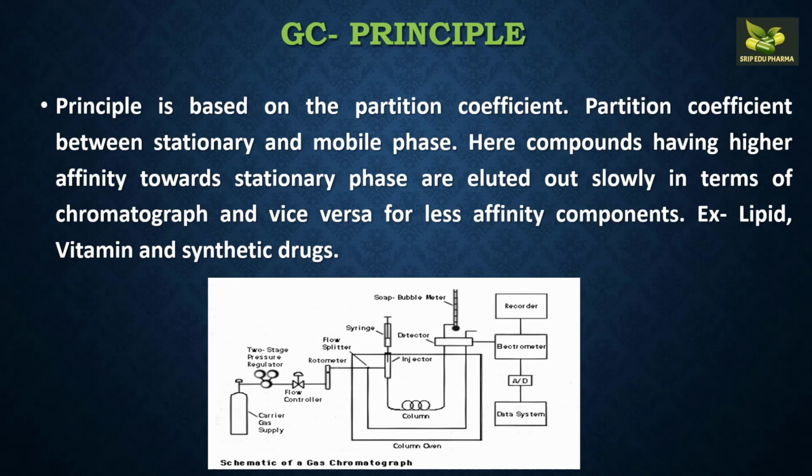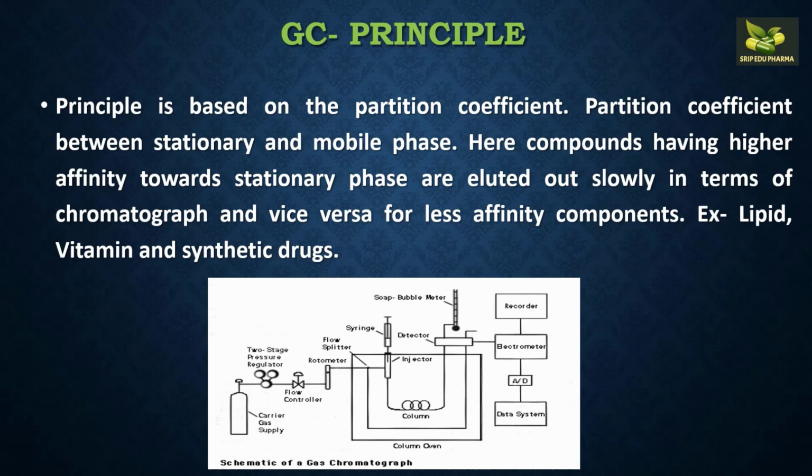Whereas those fractions that don't have that much affinity towards the stationary phase will move rapidly, quicker, along with the mobile phase and separate first. So depending upon their partition coefficient, fractions get separated either by deviation towards the mobile phase or the stationary phase.